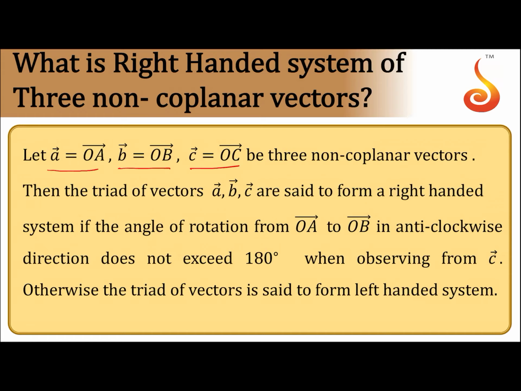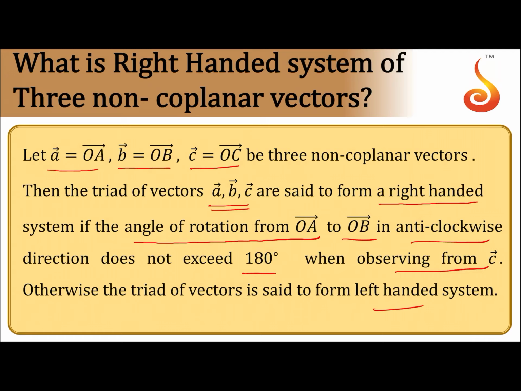Then the vector triad A bar, B bar, C bar is said to form a right-handed system if the angle of rotation from A to B is anti-clockwise, observing from C, through an angle less than 180 degrees. Otherwise, they are said to form a left-handed system.